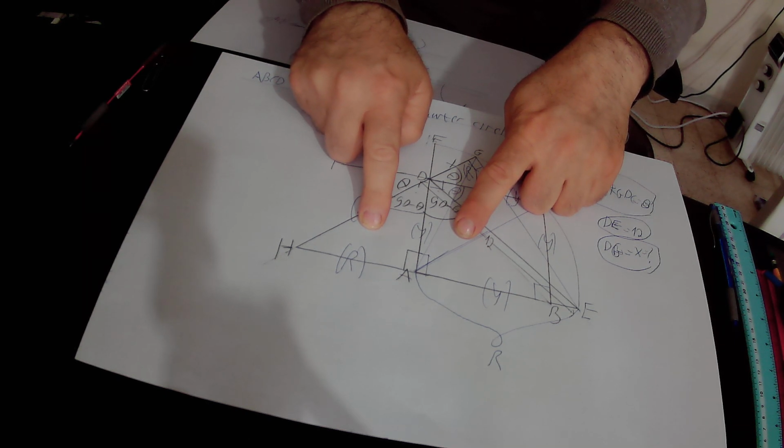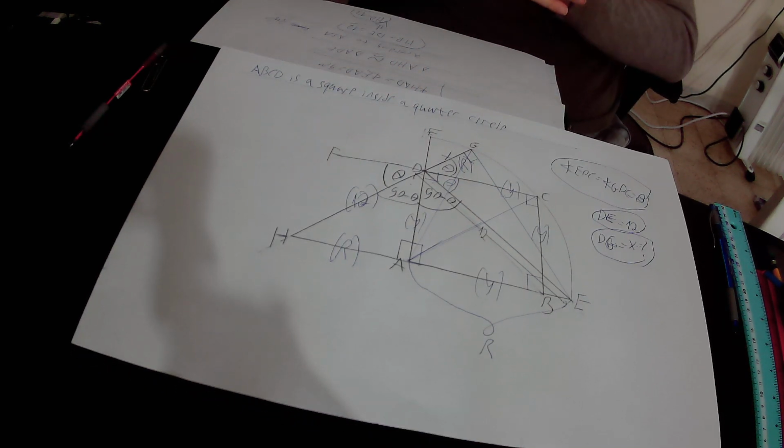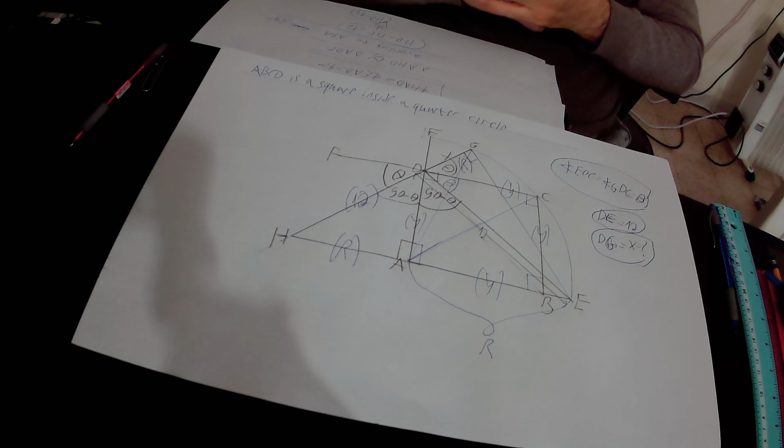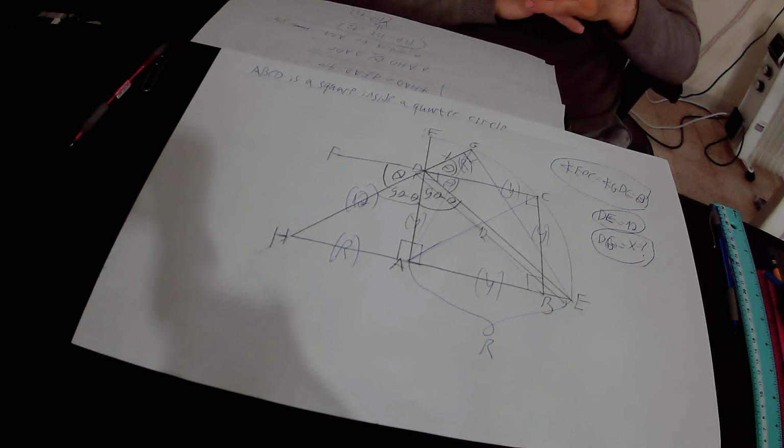So what is the angle side angle rule? If we prove that two angles and the side that is included between the two angles in one triangle are correspondingly equal to two angles and the side that is included between the two angles in the second triangle, then we prove that the two triangles are congruent according to the angle side angle rule.